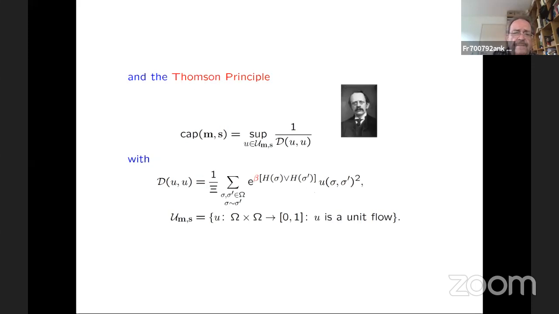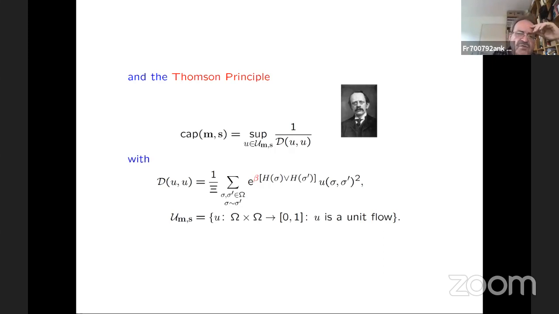And there's a dual Thomson principle, also very simple, which is a supremum, and it takes this particular form here, where now the supremum is taken over the unit flows, so all flows along edges in the graph, such that the flow out of M is 1, into S is also 1, and every other vertex has a zero sum for the in and the outflow.